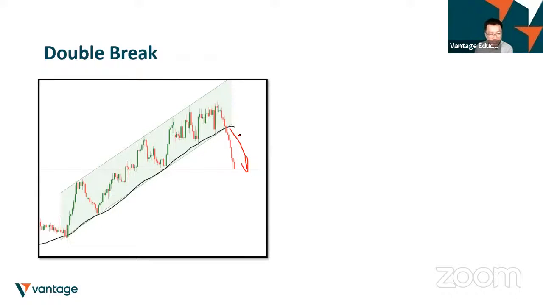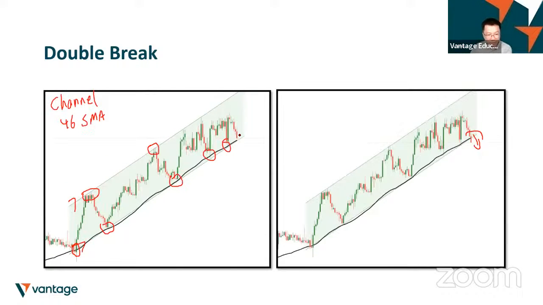You want to see price come down. Don't anticipate. I'll come back to the previous one. I wouldn't anticipate price to break there. I wouldn't be looking to sell there, or in any of these situations.